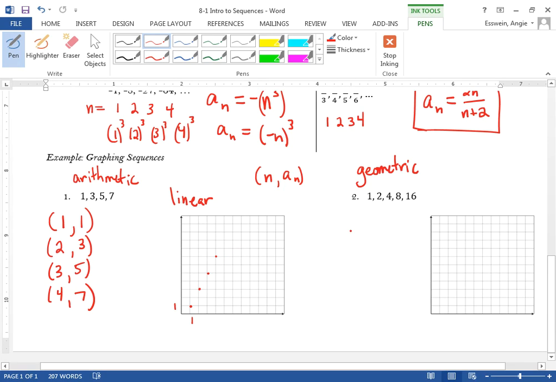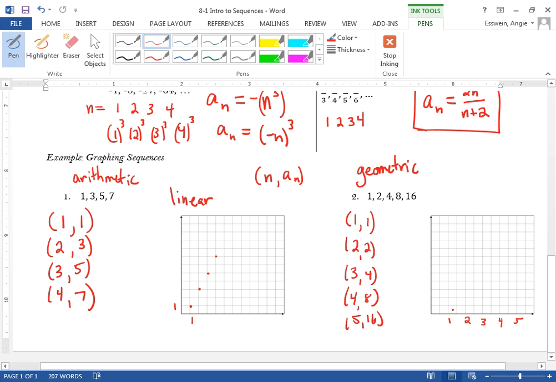So then geometric. Now we're going to plot 1, 1, 2, 2, and then 3, 4, and then 4, 8, and 5, 16. So let's go by twos on the y-axis. Maybe we'll use 2 squares. So it's okay to do different scaling on each axis as long as it's consistent.